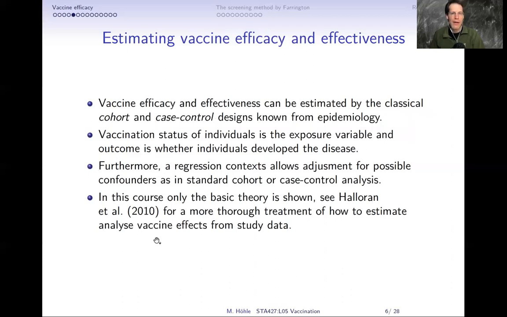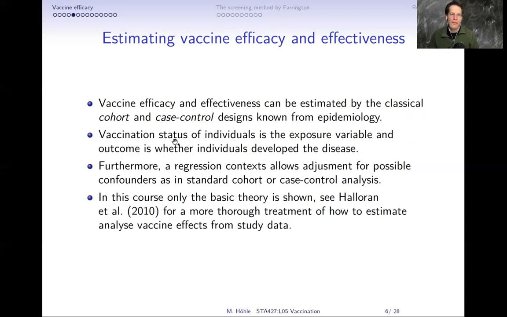So how can we estimate vaccine efficacy and effectiveness? You can take the efficacy from a classical cohort or case control design, which you also know from other courses in epidemiology, I would reckon.